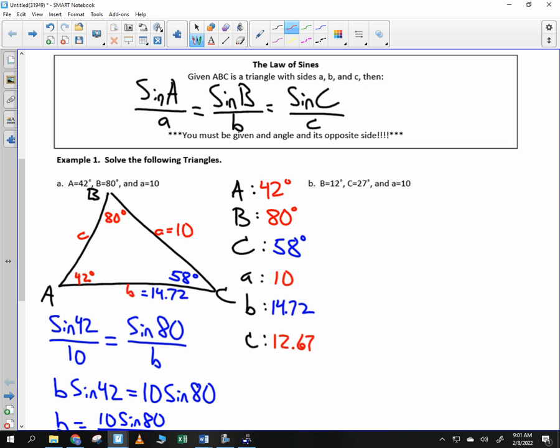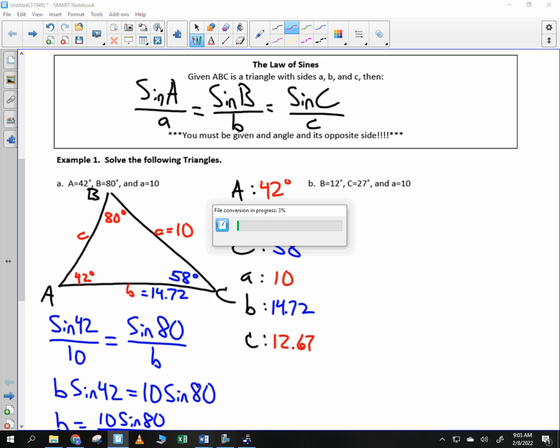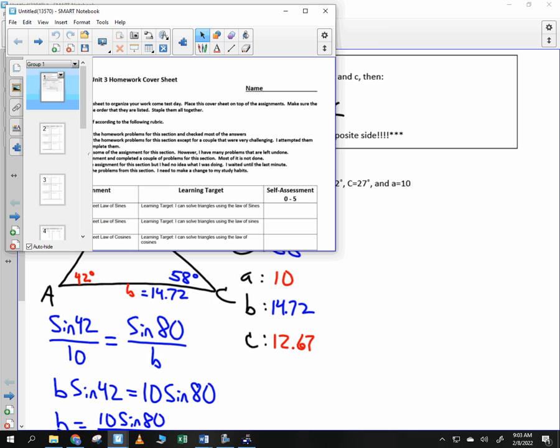Okay, take out your worksheets. What I would like you to do is please focus on the left side of the worksheets.